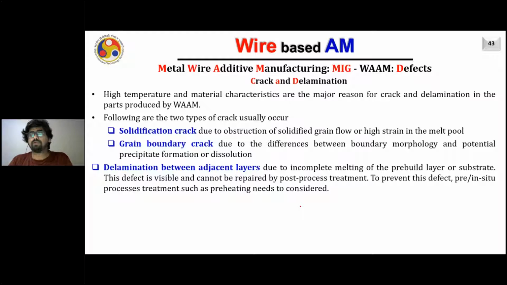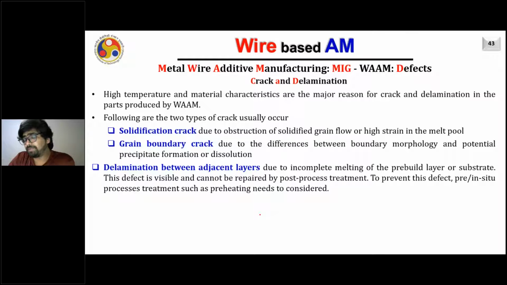And the grain boundary crack usually occurs due to the difference in the boundary morphology and the potential precipitation formation at the grain boundaries, which do not show the appropriate morphology, and the grain boundary itself shows the crack.